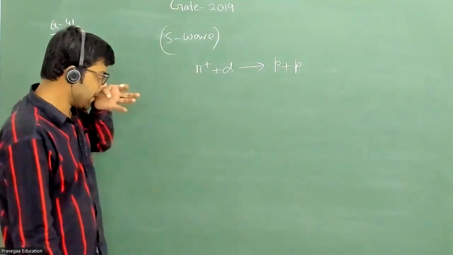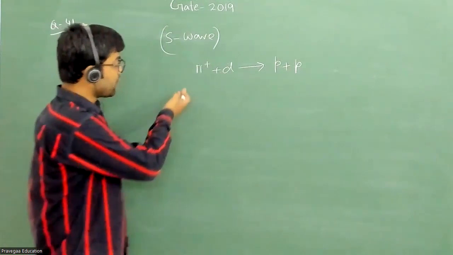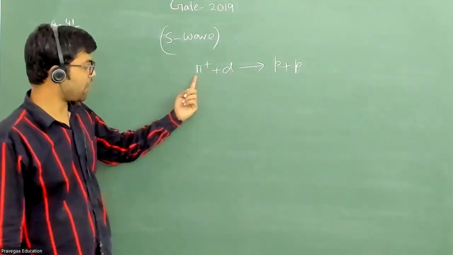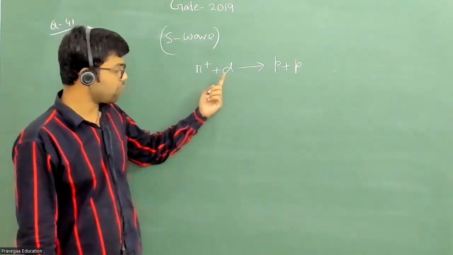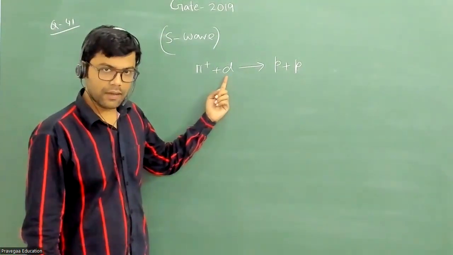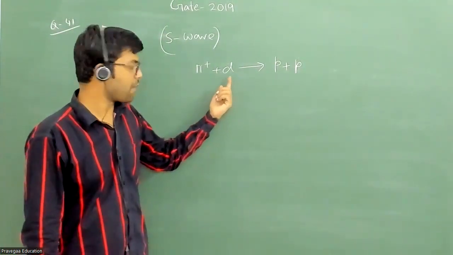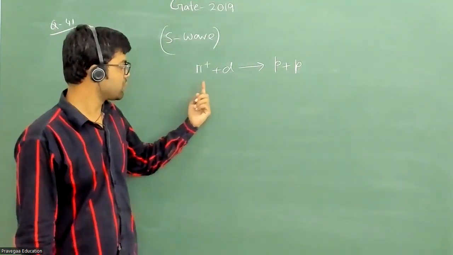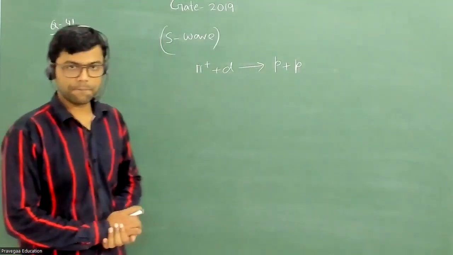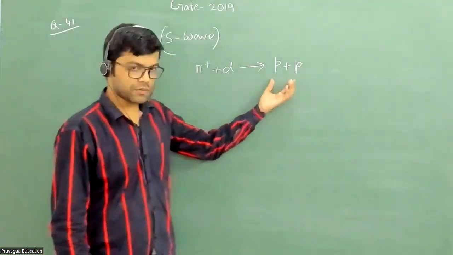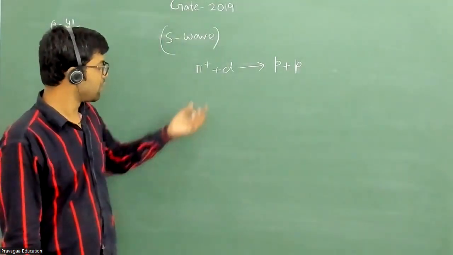You can check here. If you check the charge conservation, the charge of the pion is +1, and deuteron is composed of a proton and a neutron, so it will have positive charge. So on the left, charge is 2, and the two protons also have 2 units of charge. Charge will be conserved.